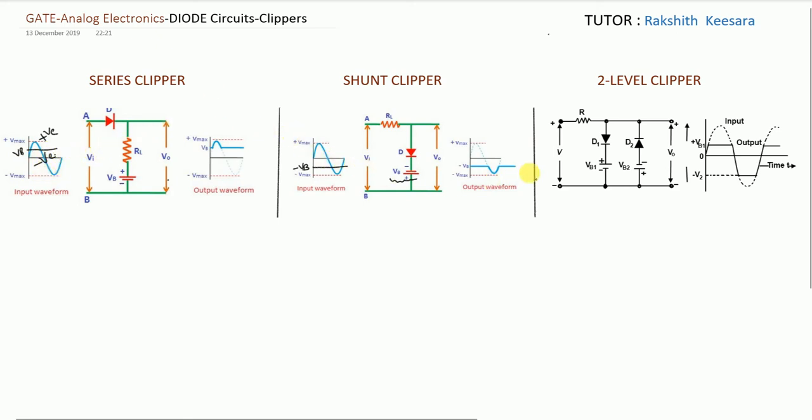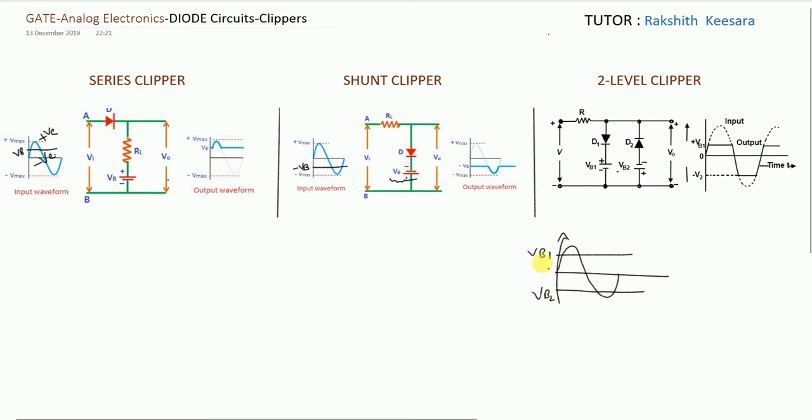Now let us draw the output waveform for this two level clipper. See, if this is the input voltage, I am drawing VB1. Let this be VB1. And I am drawing VB2 also. Let this be VB2.